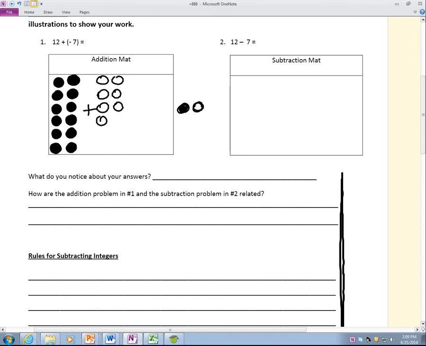Yes? A 0. They zero each other out. Okay? So we have equals. We're going to have the positive 12 integers and the negative 7 integers balance each other out.